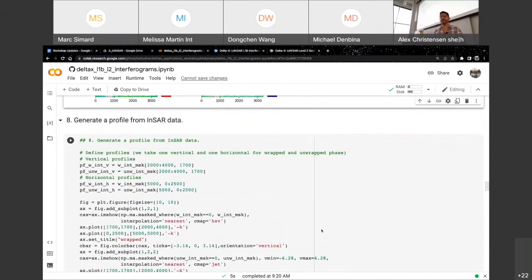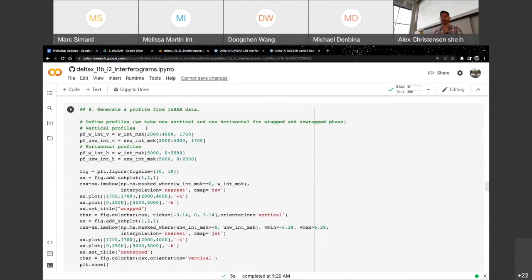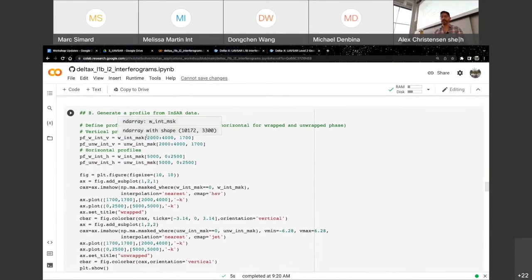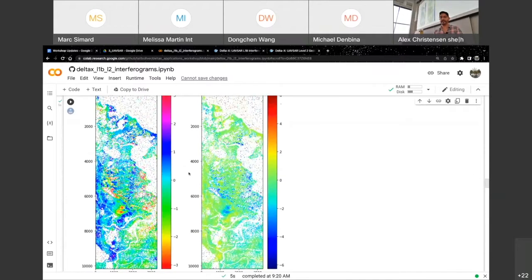And similarly to what we did before, we can plot profiles of this. In this case, because we don't have a geocoded reference, we just use pixel reference. We can see the pixel reference from our previous plots. We have the reference there, right?